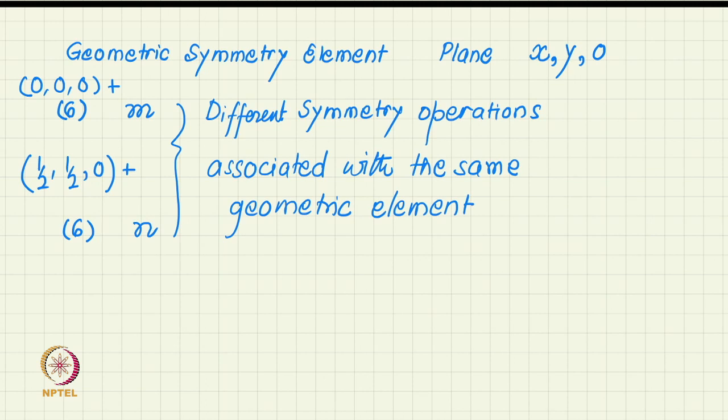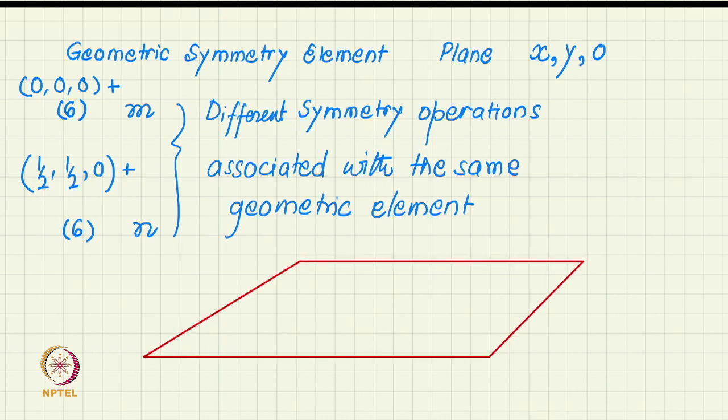In fact, if you have a mirror plane in a space group, then there are also infinitely many translations parallel to the mirror plane. In this particular example, it is a half of 0 translation which is parallel to the mirror plane. The mirror plane itself is the x y plane.